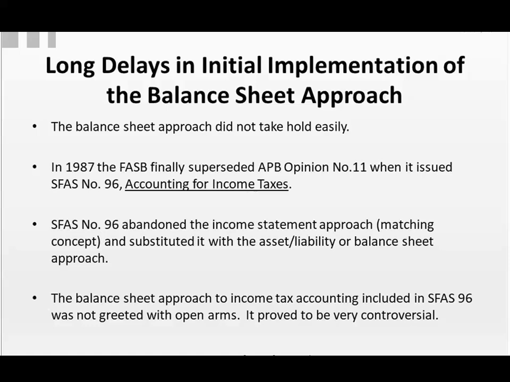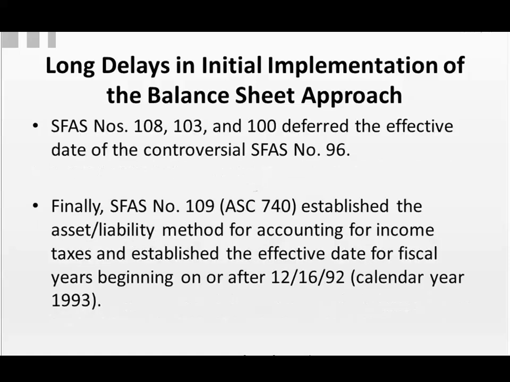So the balance sheet approach, included in 96, was not greeted with open arms. It proved to be very controversial. So even though in '87, the pronouncement was issued, it took a long time coming. It was deferred several times by FASB 100, 103, and 108. It just kept deferring the effective date because they couldn't get agreement.